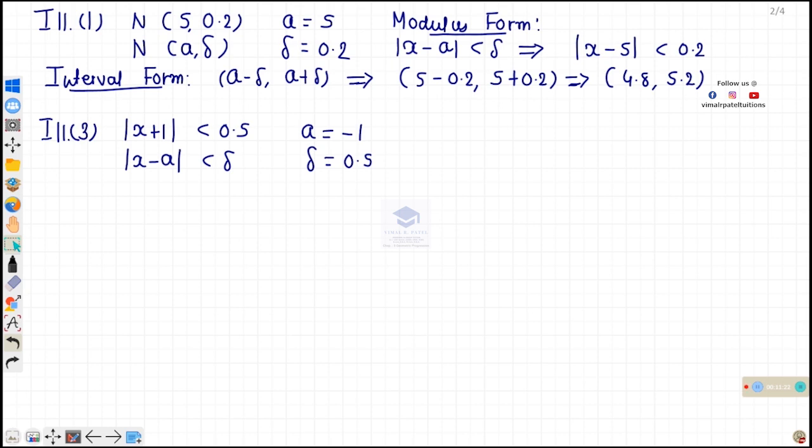So you have to convert it into neighborhood form and interval form.